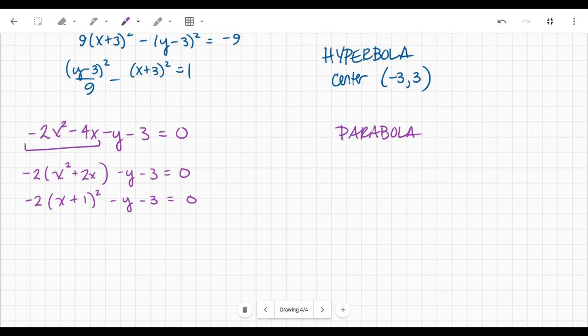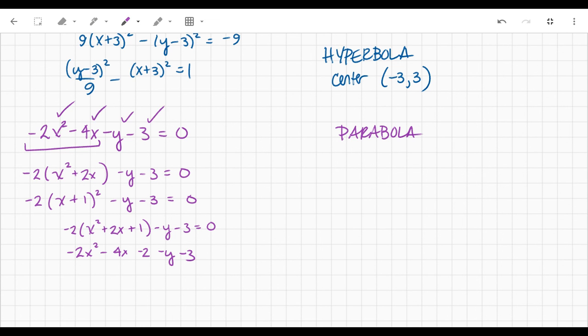Expanding: -2 times x squared plus 2x plus 1, minus y minus 3, so -2x squared minus 4x minus 2 minus y minus 3. By completing the square, I have my -2x squared, my -4x, my -y and my -3, but I also subtracted 2, so I've got to add 2.